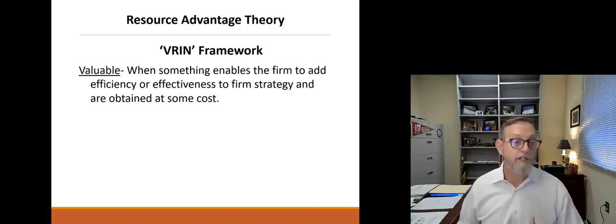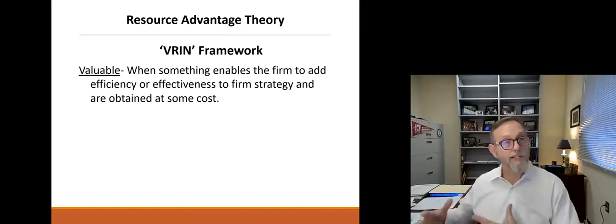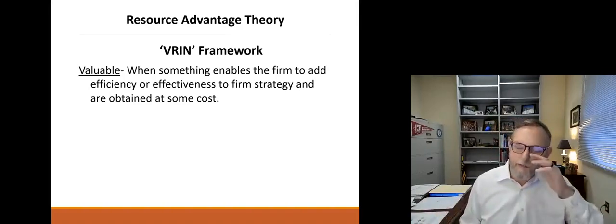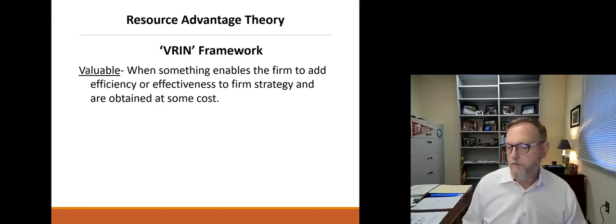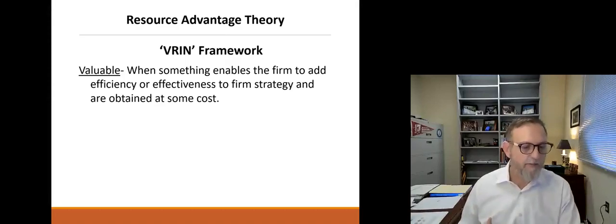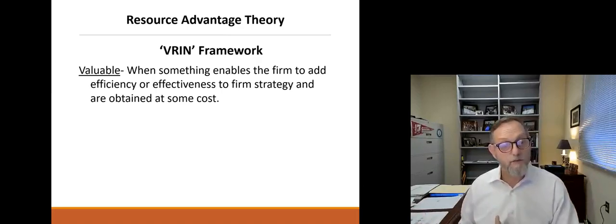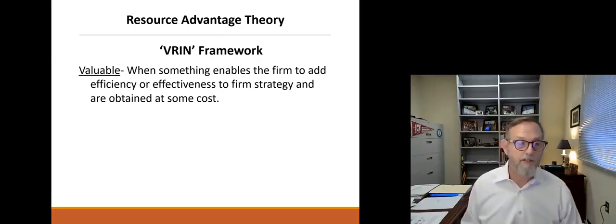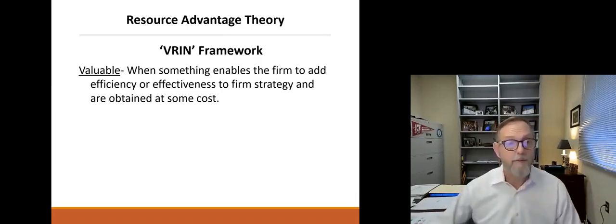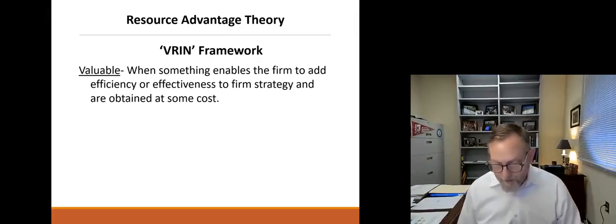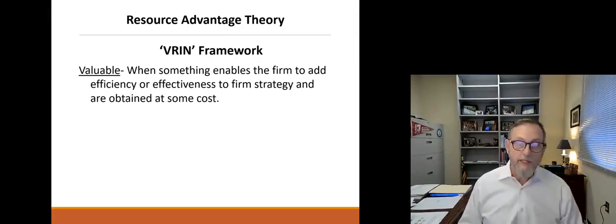But if a skill set that a company has, or resource, whichever terminology you want to use, has come at a cost or is what we call valuable in the sense that it didn't come freely. It came at a cost. There was an investment of time, energy, money. There was something that was given up in order to get it. And you can think of this as you had to make a choice to obtain this skill set.